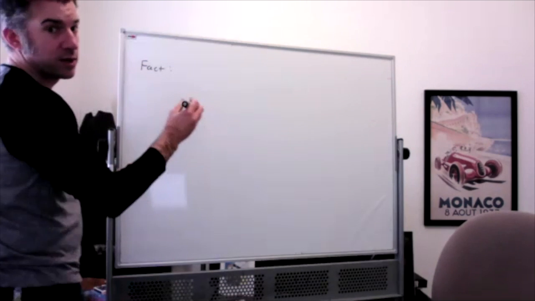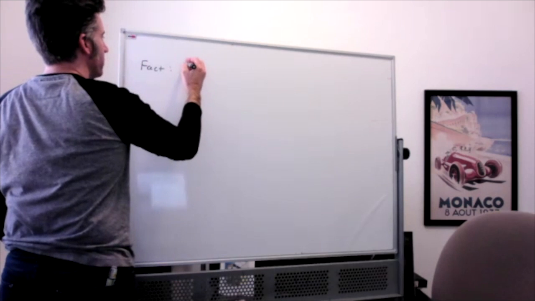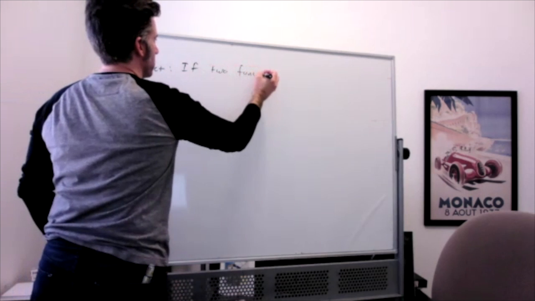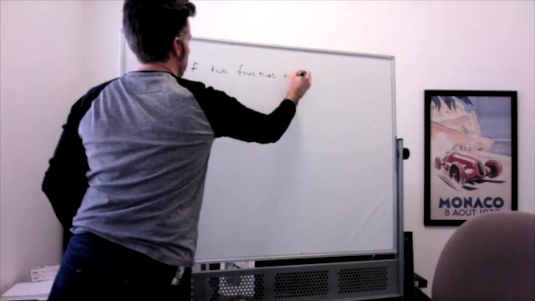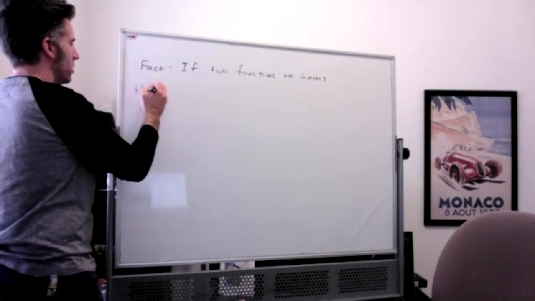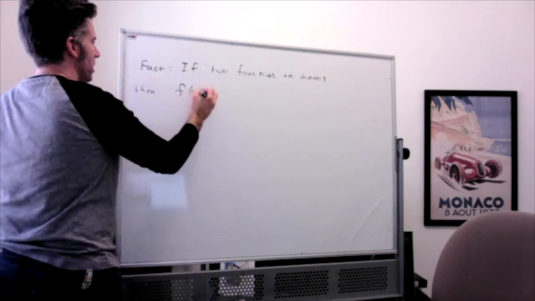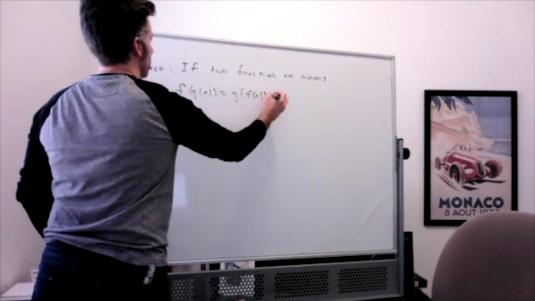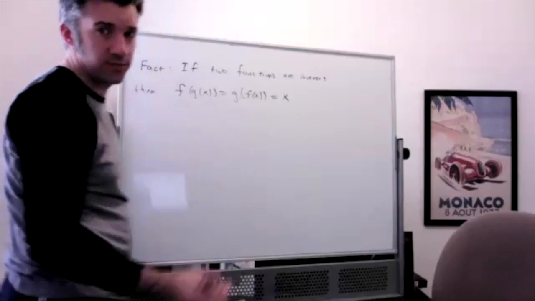Fact. If two functions are inverses, then f of g of x equals g of f of x equals x.